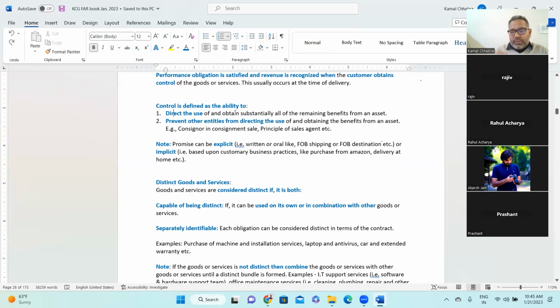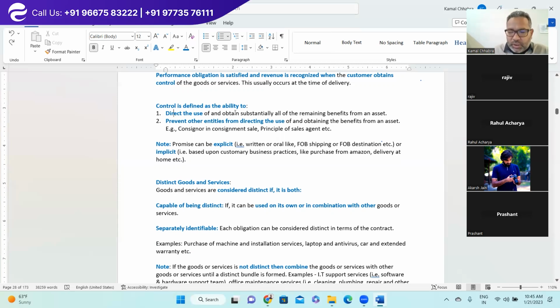That means, for example, as a KC Global company, I purchase a laptop and I have given it to one of my staff, right? So I have purchased the laptop. That means I got the ownership, and now I have a right to direct the use of that laptop, right? Then I can give it to my staff that you can use it.